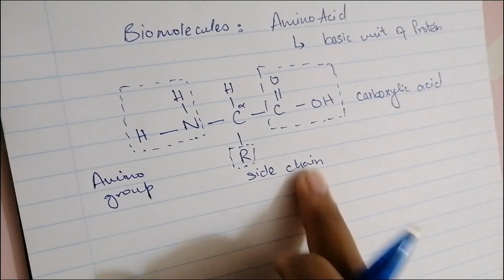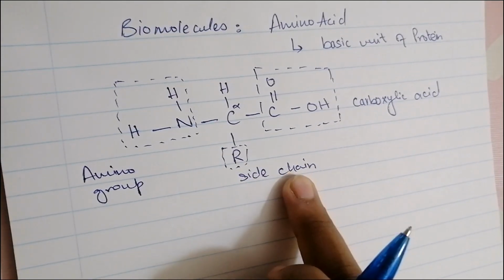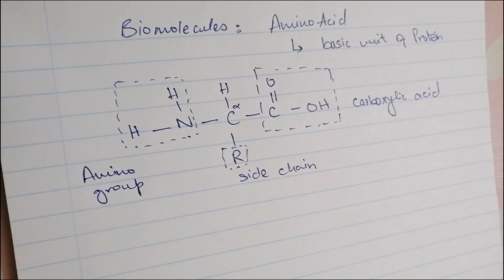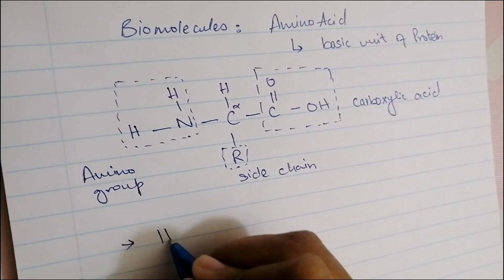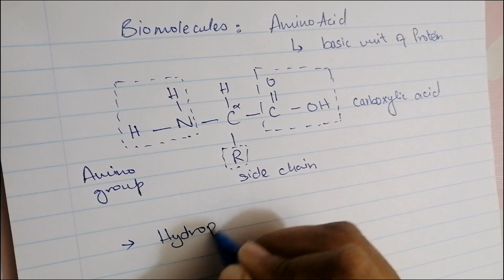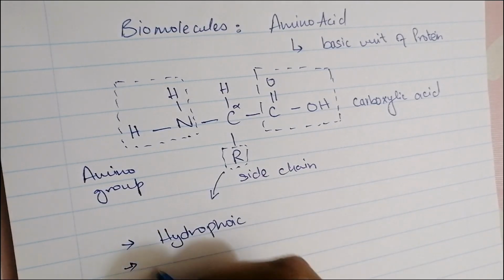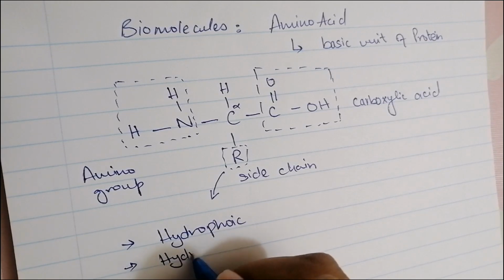With different amino acids, we identify 20 amino acids. The R group will be a variable. So the R group can be a hydrophobic R group. There can be a hydrophilic R group.